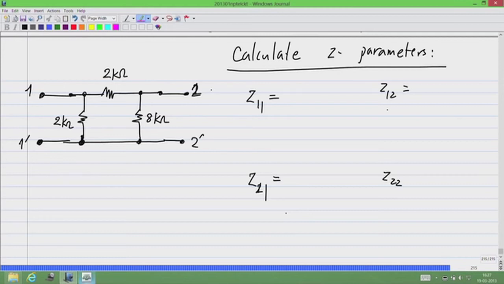I hope all of you are able to start solving this, because it's just a simple calculation of a circuit with 3 resistors. Okay. Please be careful with the units. I mean, it says 1.66 ohms. I'm not sure how that came about. All our resistances are 2 kilo ohms, 2 kilo ohms, and 8 kilo ohms. Okay.